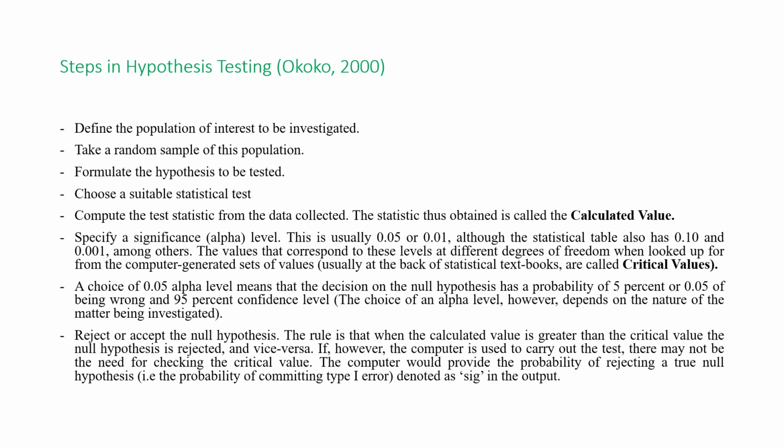So what do we mean by this? When you say that you want to carry out your test at alpha equals 0.05, it means that the probability of committing type 1 error, if you must do that, is just going to be 5%.